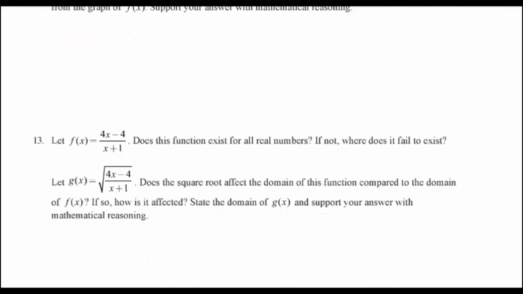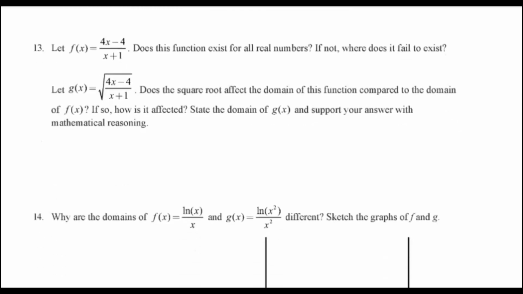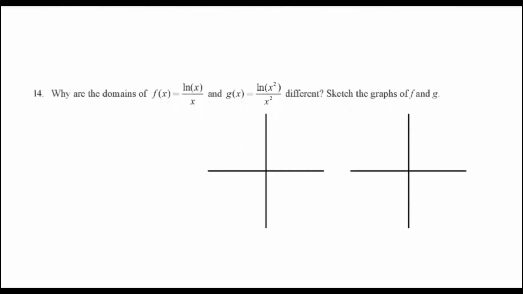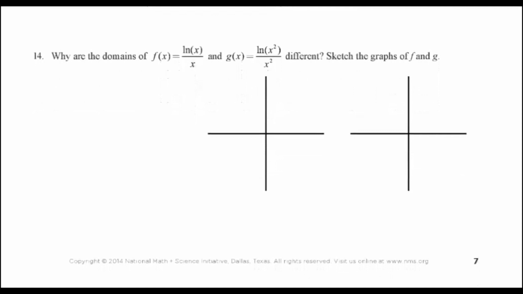Number 13 as well asks for the changes in the domain and how the graph is affected by putting a square root over the whole rational function. And then when you get to 14, they start throwing in the more transcendental functions within the rational functions and ask for the changes there and also for you to sketch the graph.